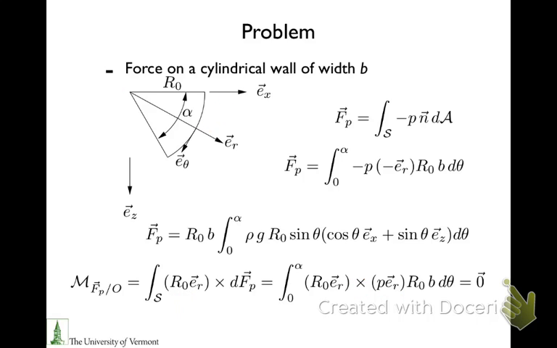So the bottom line is that the resultant, the total force of pressure, has its line of action going through O, the origin of the frame. Or in other words, the total force is normal to the surface.